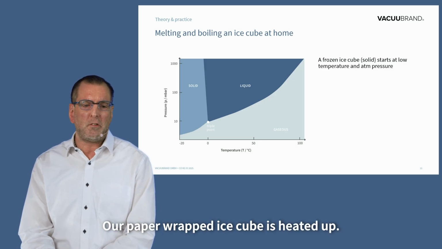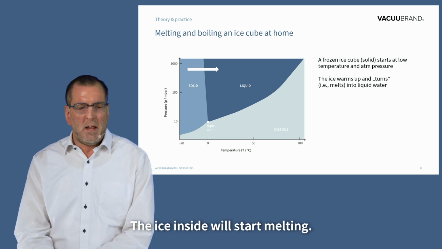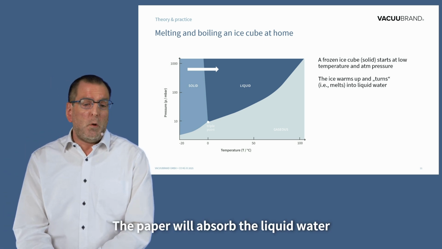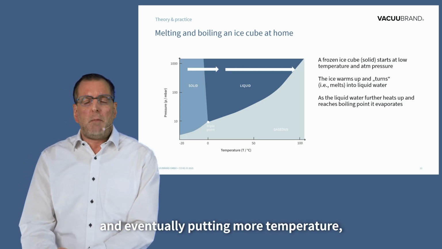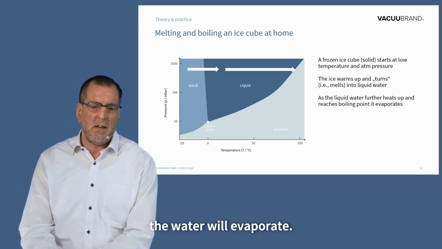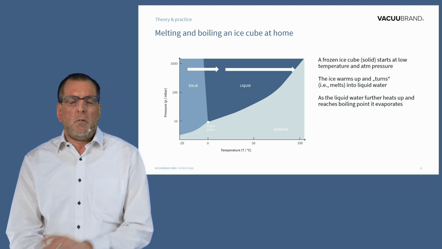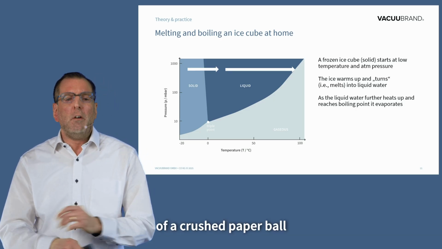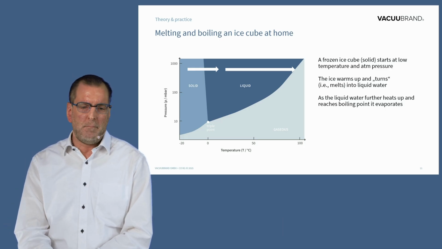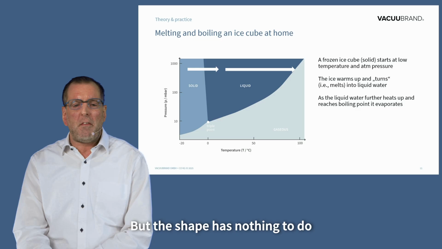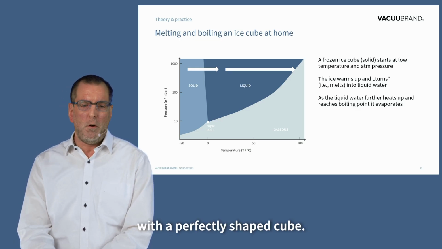Our paper-wrapped ice cube is heated up. The ice inside will start melting. The paper will absorb the liquid water, and eventually, putting more temperature, the water will evaporate. And at the end of the experiment, we will have some kind of a crushed paper ball that is fully dry. But the shape has nothing to do with the initial starting point with a perfectly shaped cube.